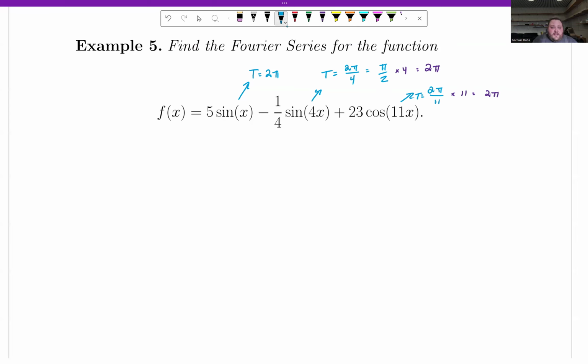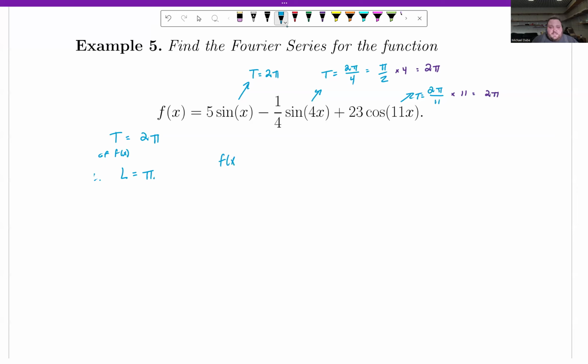And so the period of f of x is equal to 2 pi. And so therefore, L equals pi. Okay? Therefore, L equals pi. And now we can use that to determine our various functions. Let's rewrite our equation here.